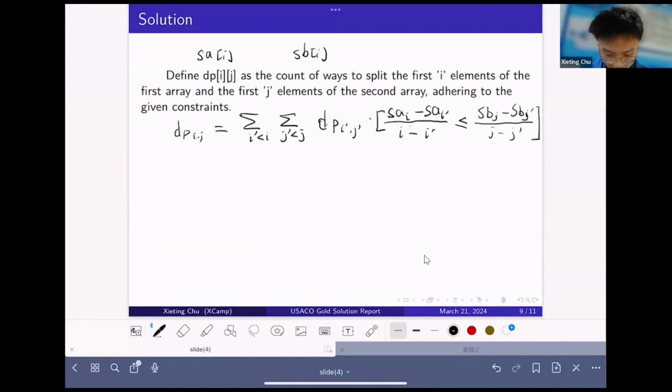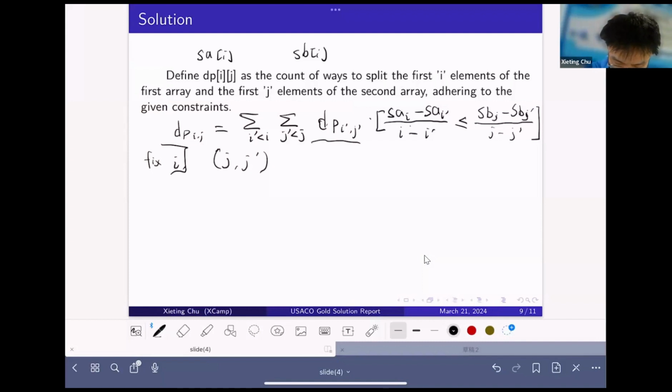We can think that after we fix an i, then for each pair of j and j prime, which DP[i prime][j prime] should be transitioned to this?